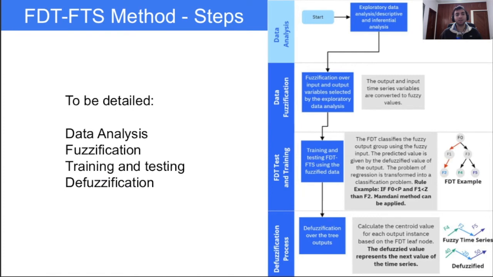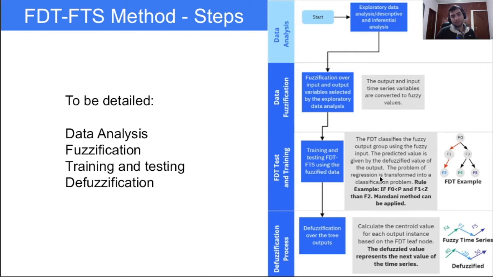Well, now we're going to talk about the FDT-FTS method and its steps. As an initial step, we have data analysis, in which a descriptive and inferential analysis is performed. In a second step, the fuzzification of the data is done. In this case, the output and the input variables are converted into fuzzy values. Then we have the decision tree training using those fuzzy values, in which rules can be extracted.